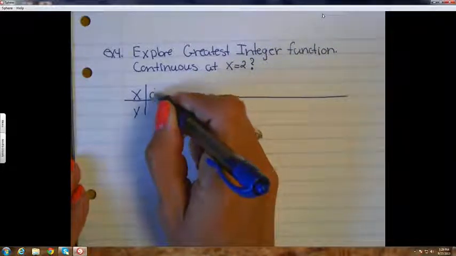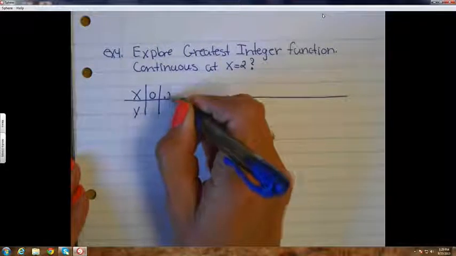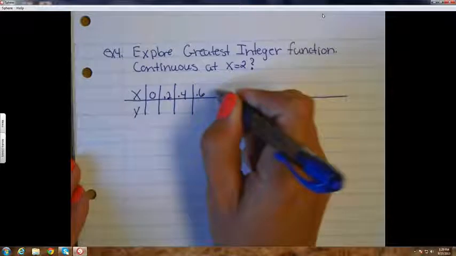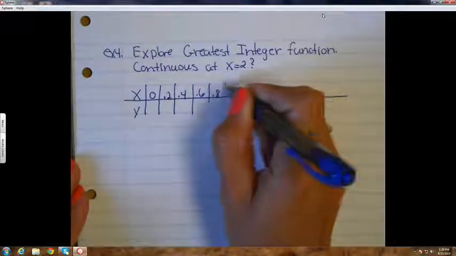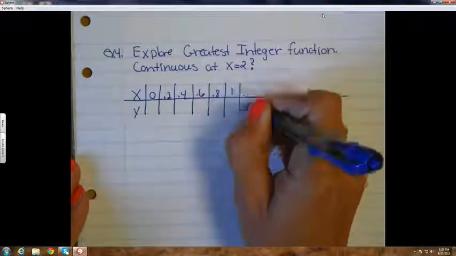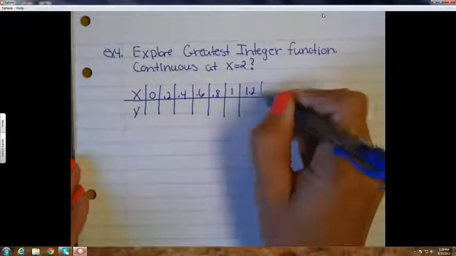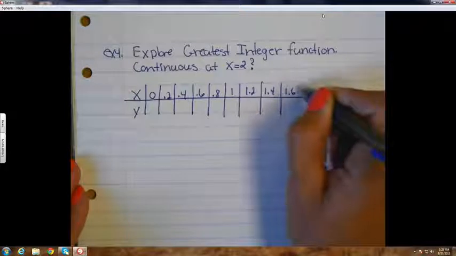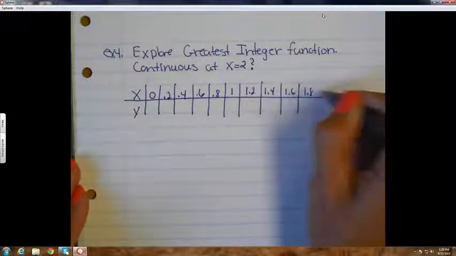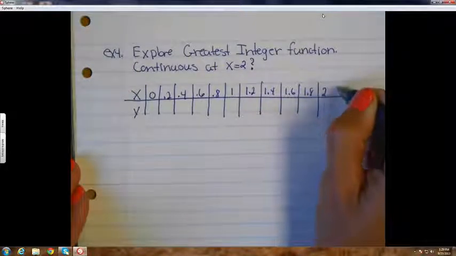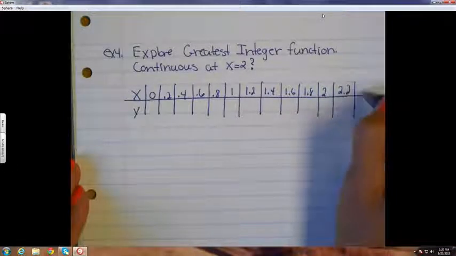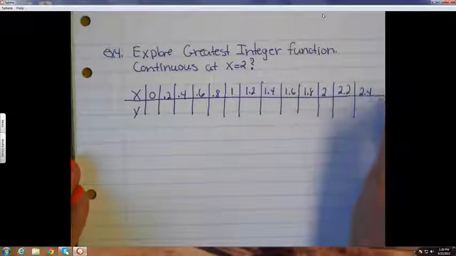So 0, 0.2, 0.4, 0.6, 0.8, 1, 1.2, 1.4, 1.6, 1.8, 2, 2.2, 2.4. I'm kind of running out of room.